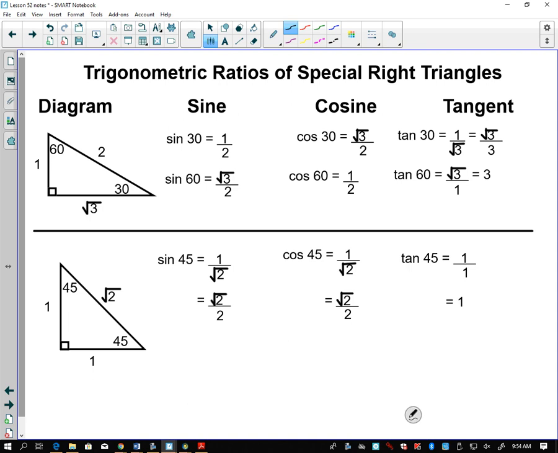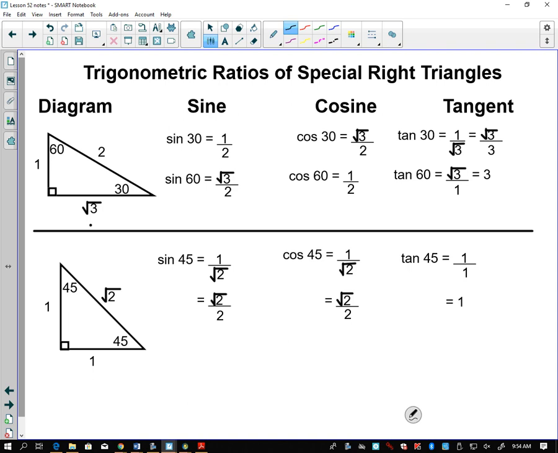Do we see that? We kind of take it slow. Cosine of 30 from here, which is adjacent over hypotenuse, is radical 3 over 2. Still with me? Okay. Cosine of 60, so starting from 60, adjacent is 1 over hypotenuse is 2. Still see it?